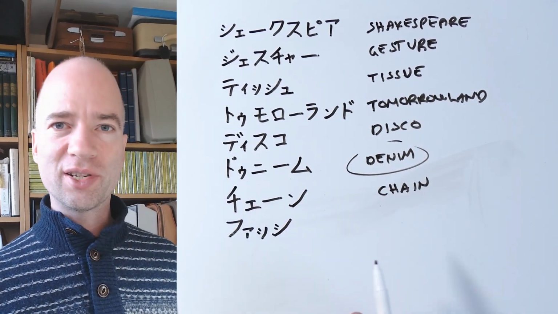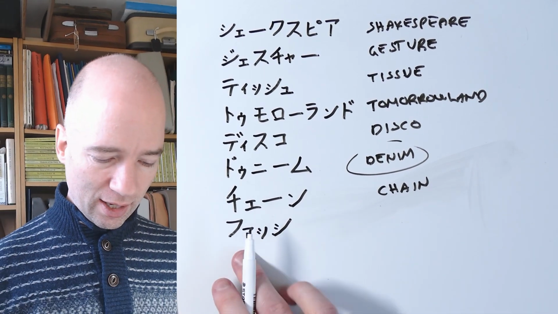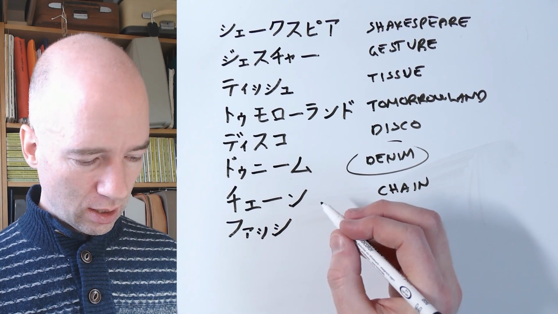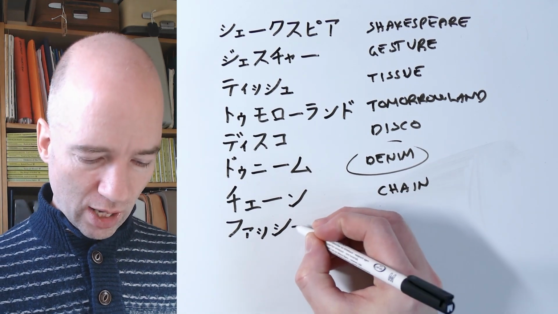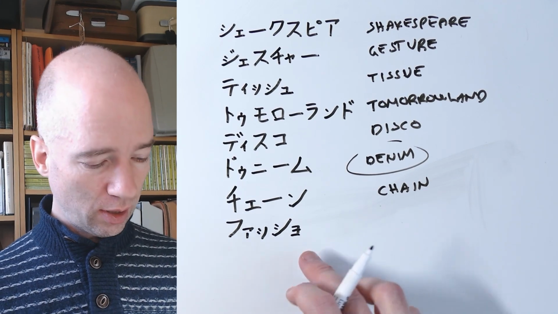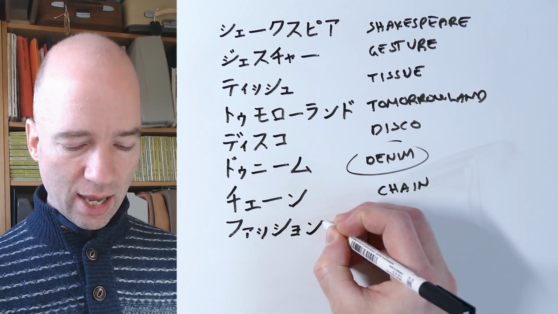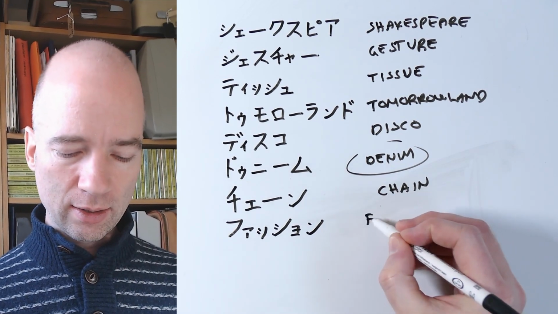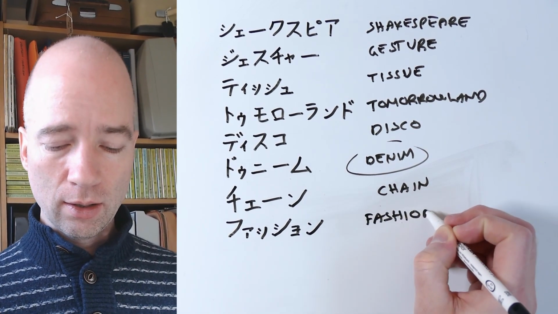Those sort of wry smileys. Anyway, fashi, but this is going to have a little yo after it, which means it's fasho, and then we end with an N. Fashion, and that is fashion.